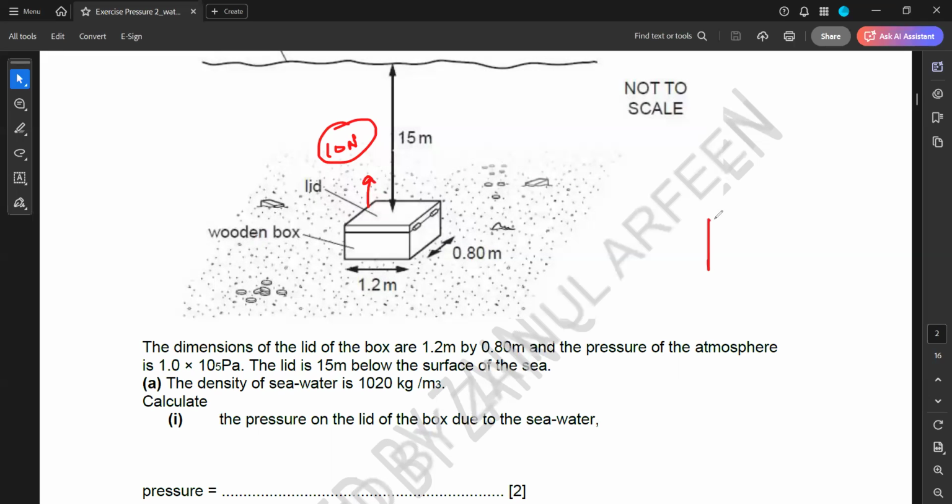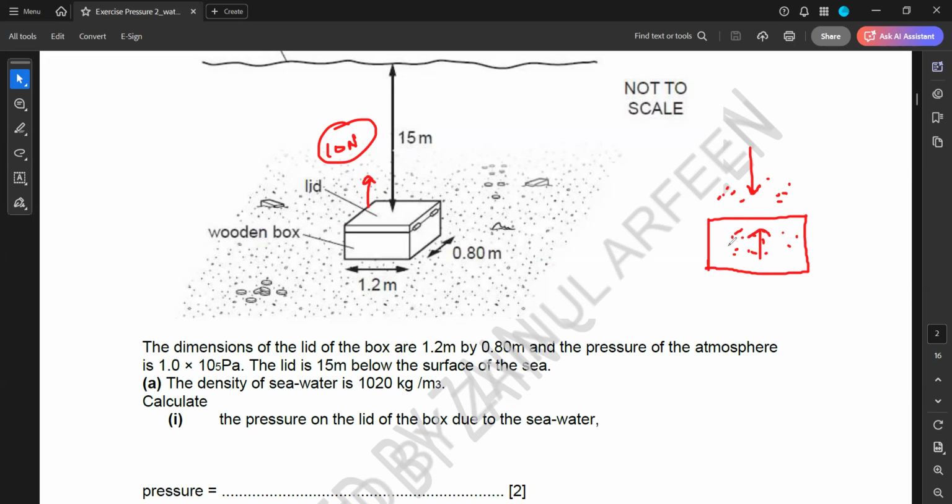The reason is, in this box there will be water inside and there is water outside as well. So there is a force from the top and there is a force from the bottom. We assume that inside the box, air is there.